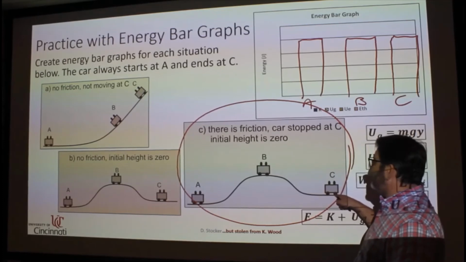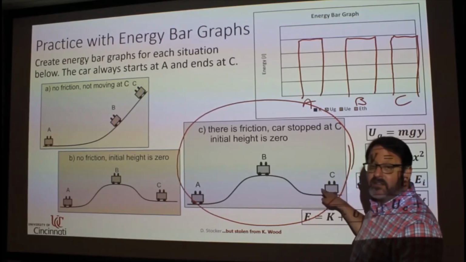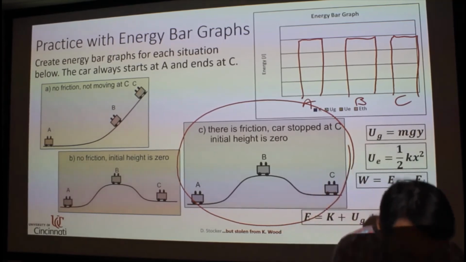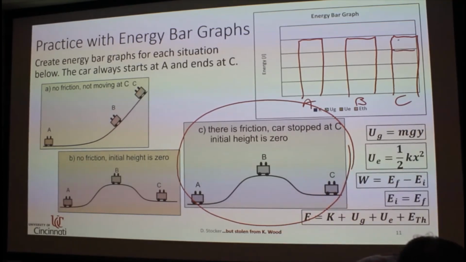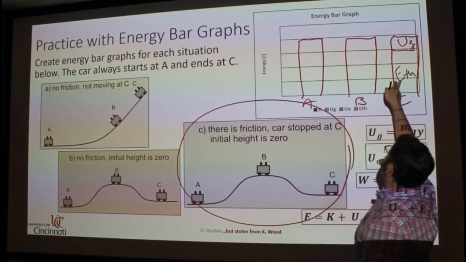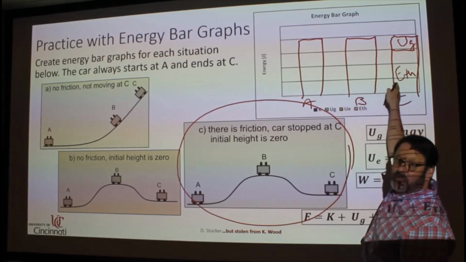At C, there's no kinetic, there's no elastic. We have thermal and we have gravitational. So it looks just like B, except instead of kinetic here, it's thermal.